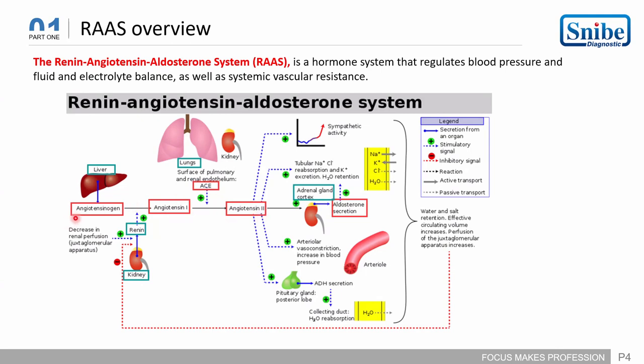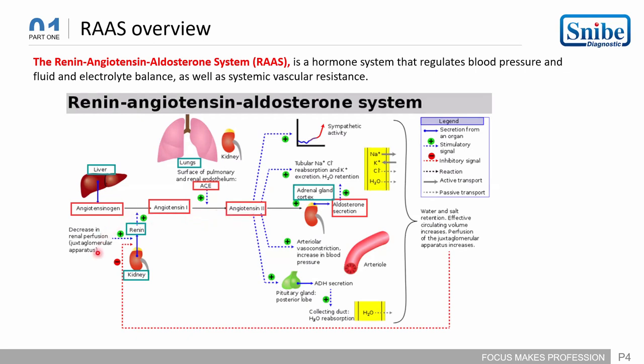In some cases, the kidney releases renin, which plays a vital role in converting angiotensinogen to angiotensin 1. And then the lungs release ACE, which stimulates the conversion to the active angiotensin 2.